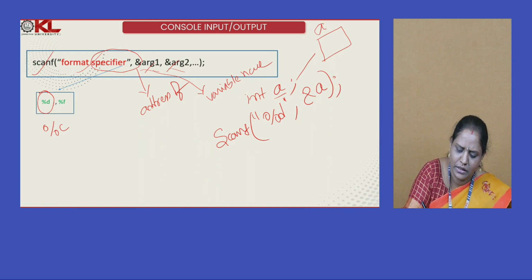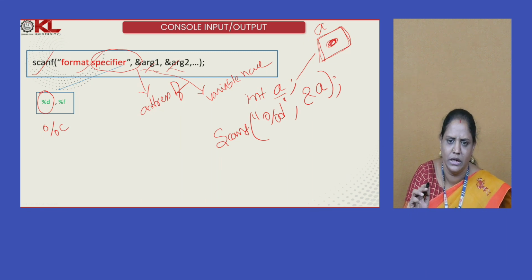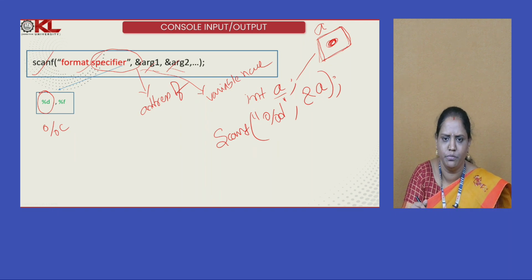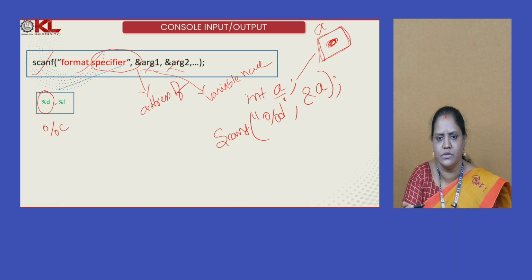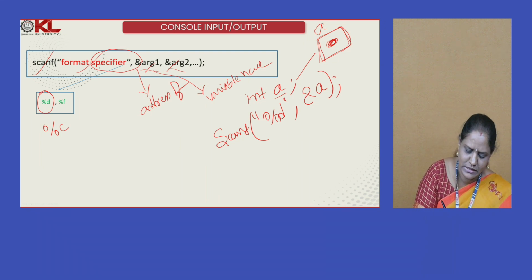Address of a means it goes to the memory, checks where the memory location with the name a is, and in that location it stores the value you pressed using your keyboard. So scanf is used to get input from the keyboard, and it is used to give dynamic input.